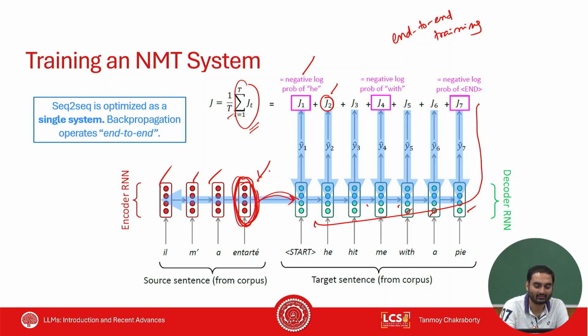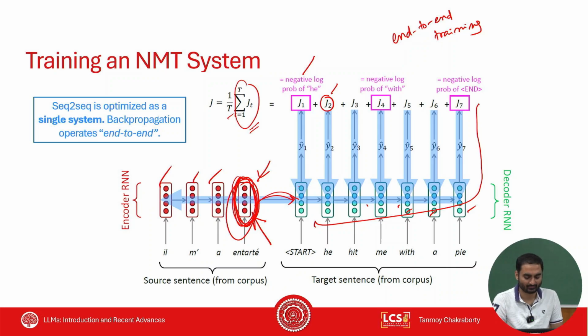So this hidden state has a lot of responsibility of remembering the entire input sequence, right? So there is a bottleneck in terms of remembering the entire input sequence. If you are not able to compute it properly, you will not be able to process it.